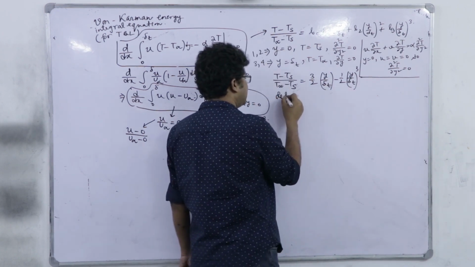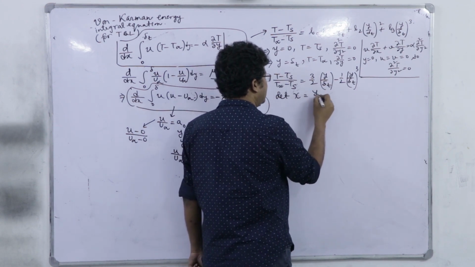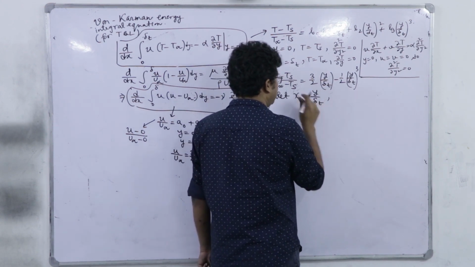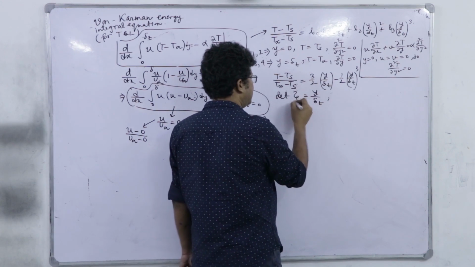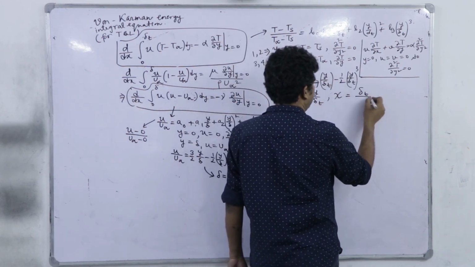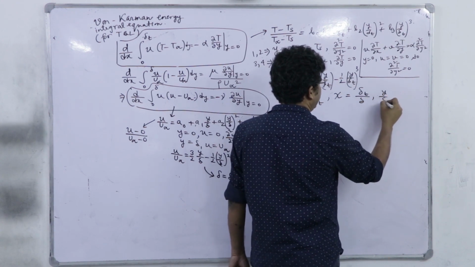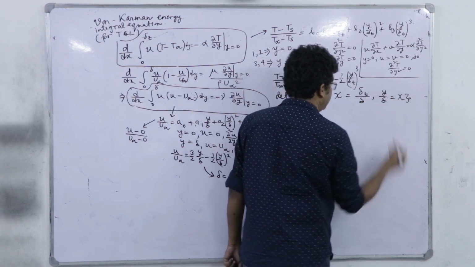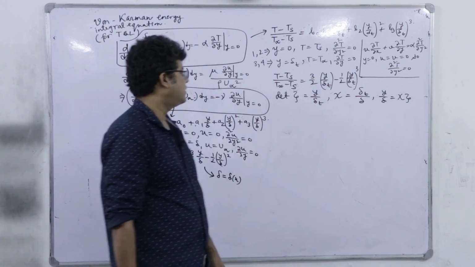Now let zeta be y by delta T and chi be delta T by delta. So y by delta is equal to chi into zeta. Right.